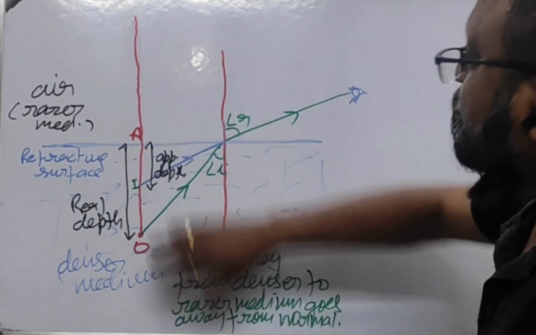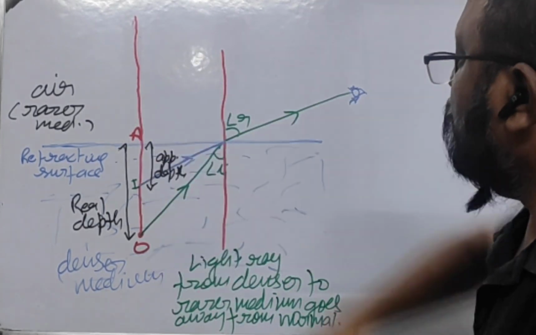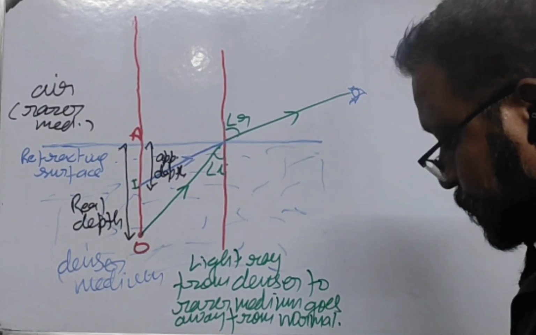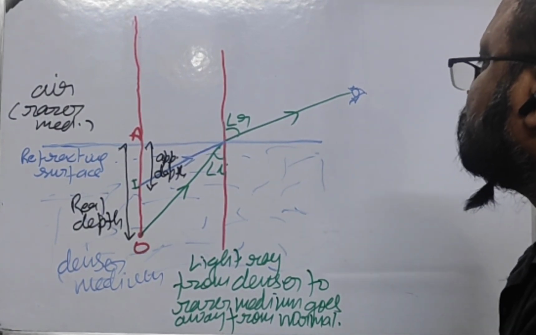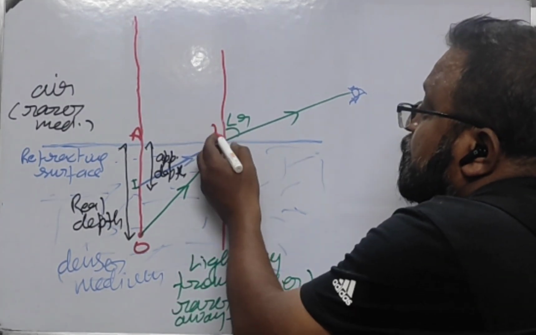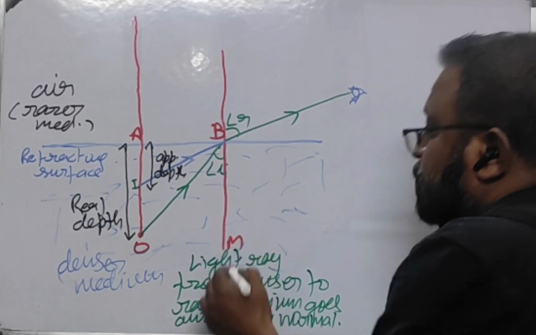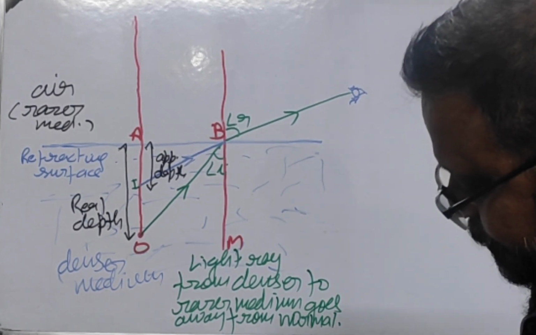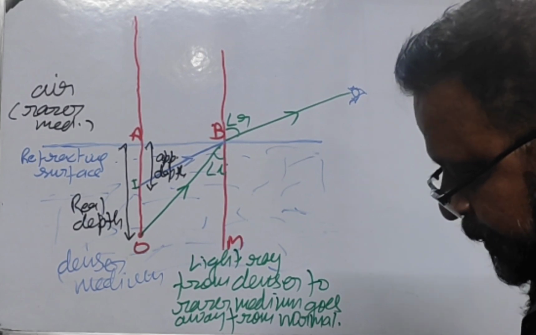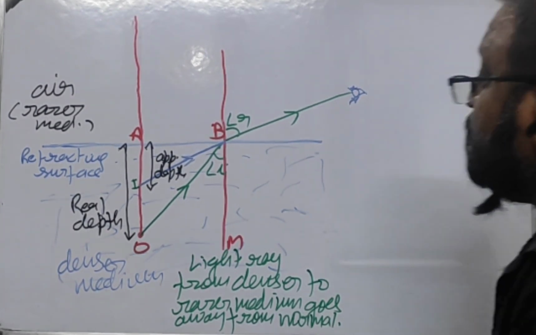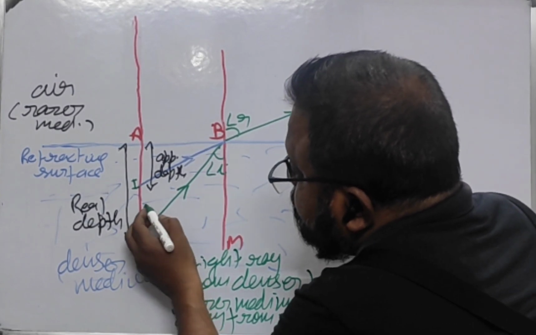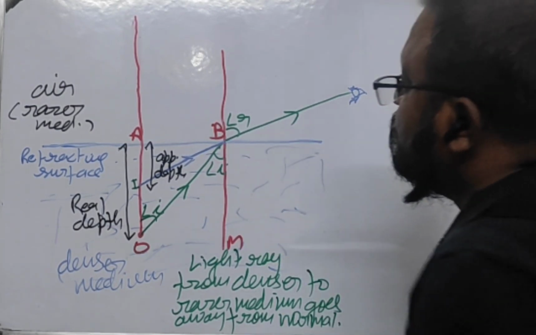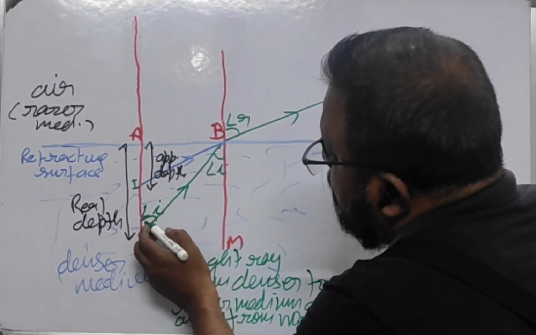If you see, these two lines OA and BM are parallel, where this is B and this is M. When they are parallel, this angle will be the angle of incidence, angle I, and this is angle R. Why is angle I equal to angle R?